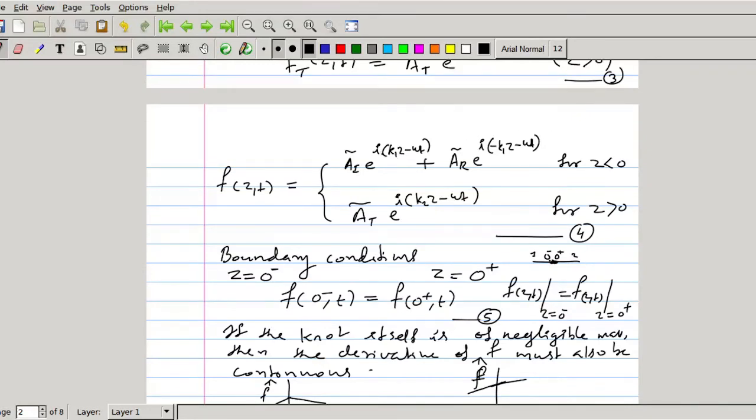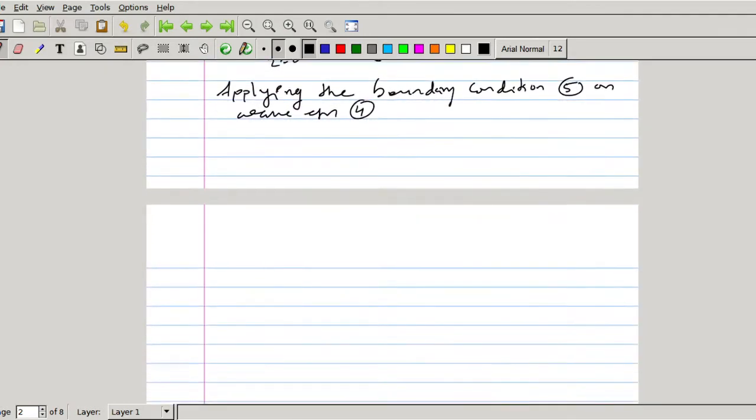With z equal to 0, this will be A_i e raised to minus I omega t, plus A_r e raised to minus I omega t, equal to A_t e raised to minus I omega t.